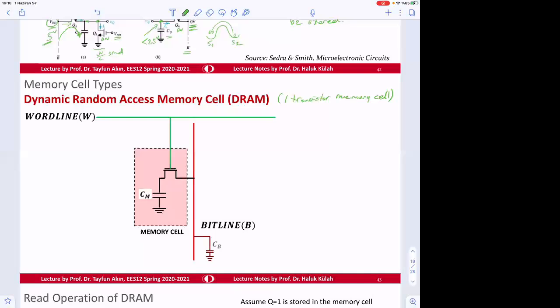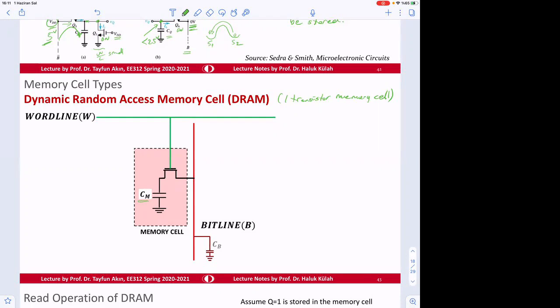You know that 6 transistors occupy a lot of area, and we want to fit many memory cells into a small area. So some people came up with this idea. They say, look, why not just store this into a capacitor.